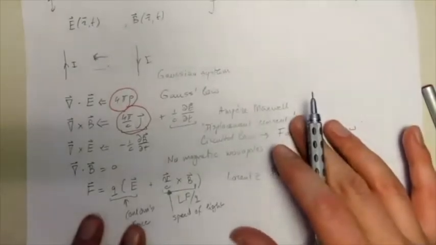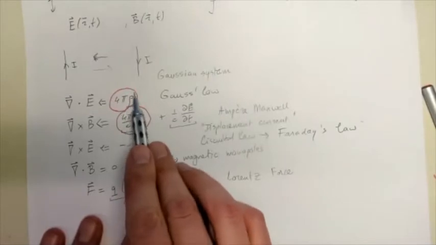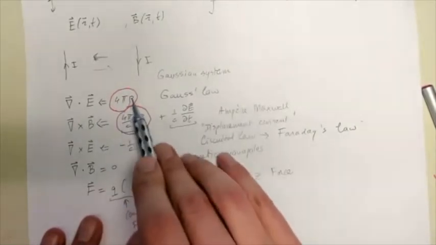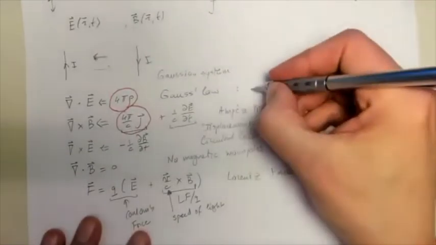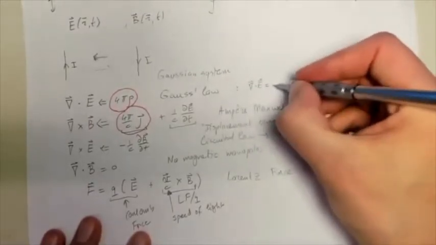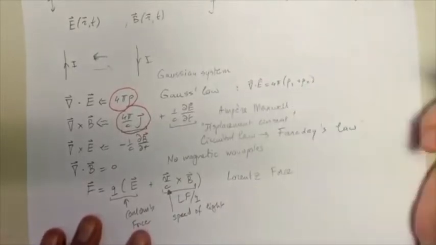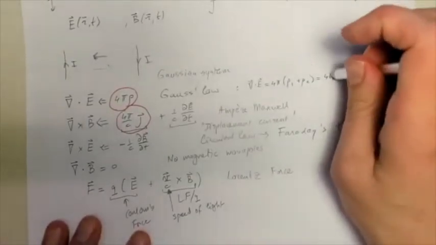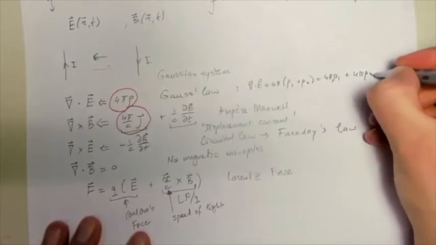And then finally, the superposition principle I already mentioned. So for instance, if you have some kind of a rho that causes an E, and then you have another rho that causes another E, then you can split this out. So let me show what that superposition principle looks like. For instance, you can write, divergence of E is 4 pi, and let's say we have two charge densities. Then that's 4 pi rho 1 plus 4 pi rho 2.